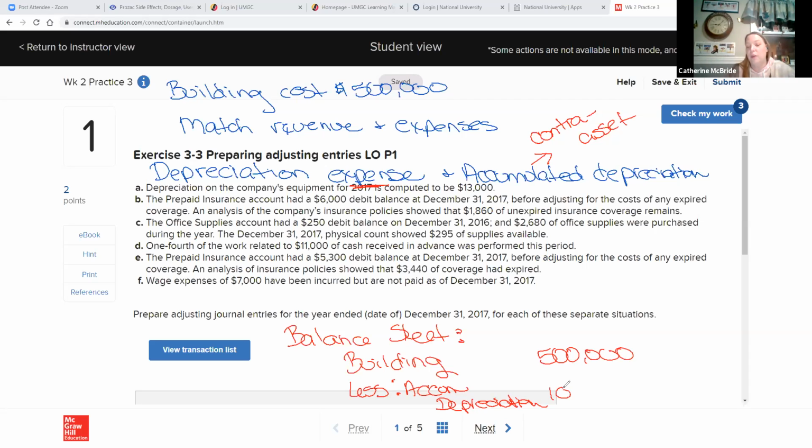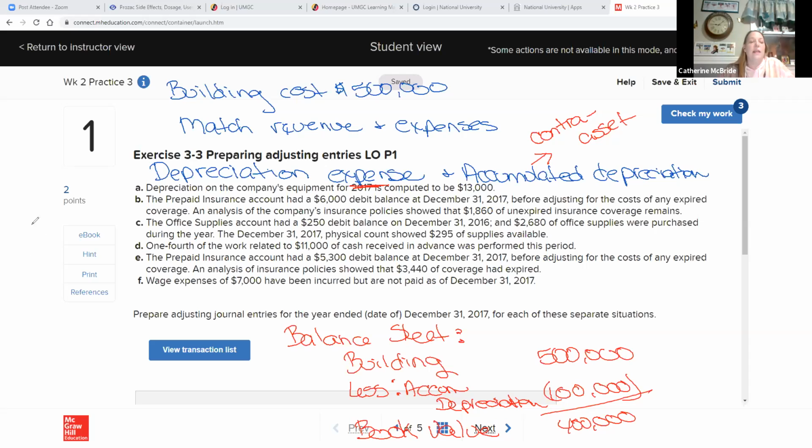So that's $100,000 so far. And what's left over, this $400,000, is called the book value. The only reason it's called the book value is because it gives us the net value on our books of the building. Because on our books, we have building less accumulated depreciation.